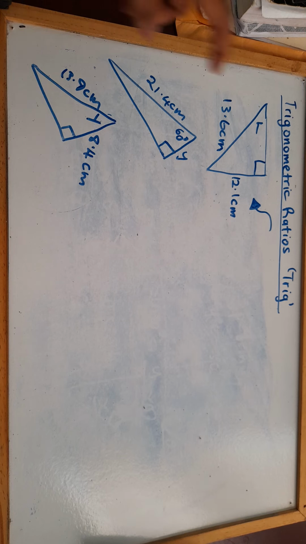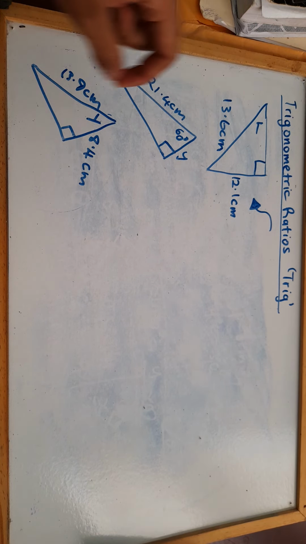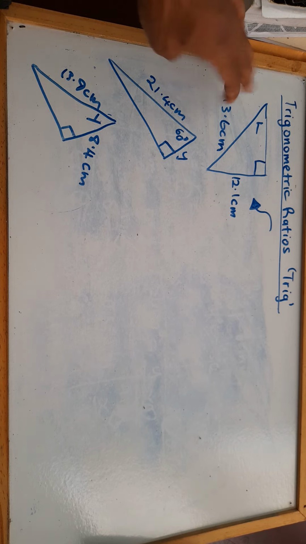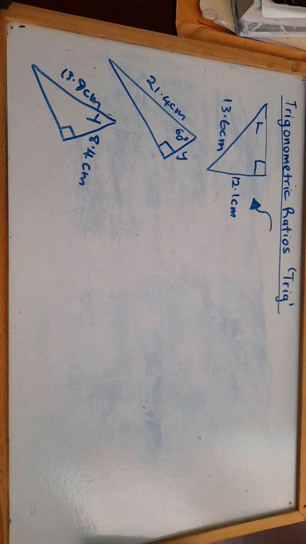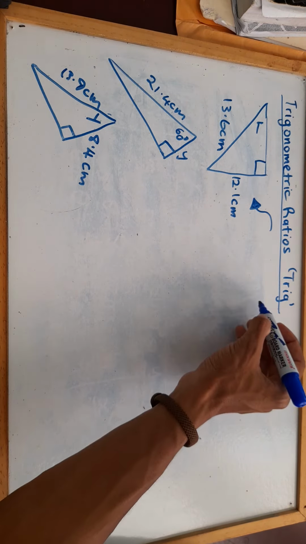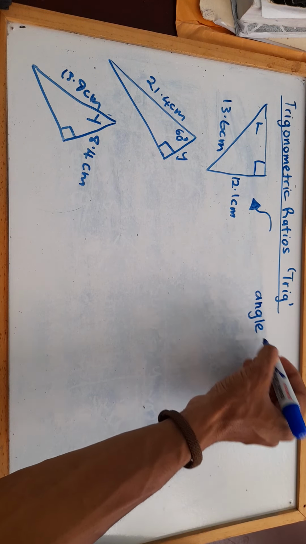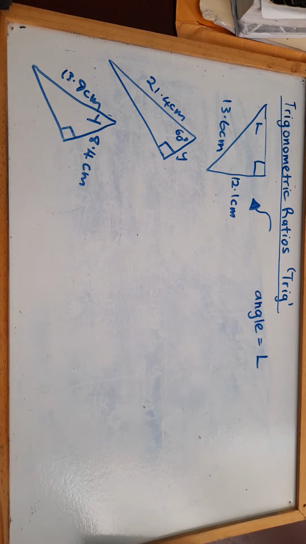We now look at this problem. Again, the same steps apply, so we apply what we have learned. The angle given is L. You can use letters to represent the unknown angles also, like theta and phi.